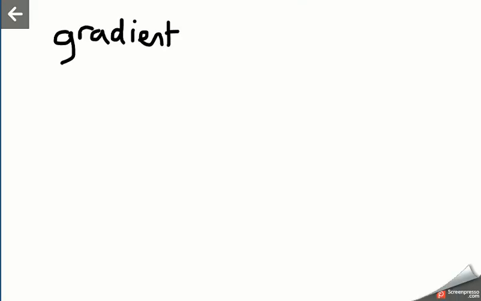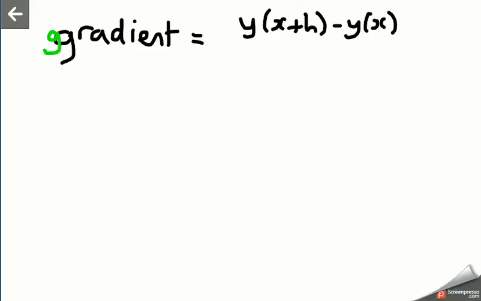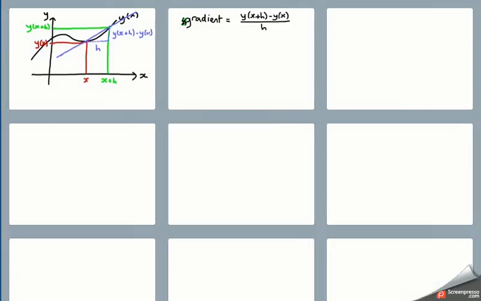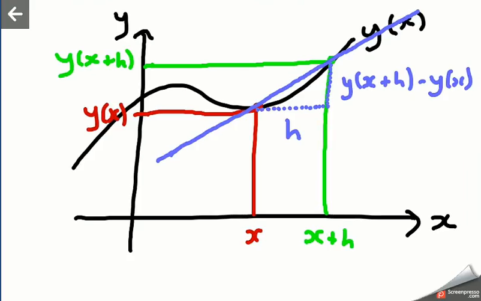Gradient is equal to y of x plus h minus y of x divided by h. Please ignore that green g. So the gradient is equal to y of x plus h minus y of x divided by h. And that's the gradient of this line here, which goes through these 2 points, the points x and y of x and x plus h and y of x plus h.